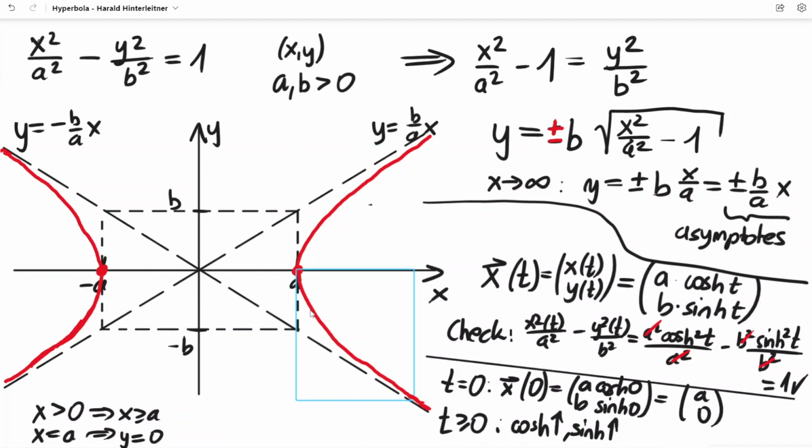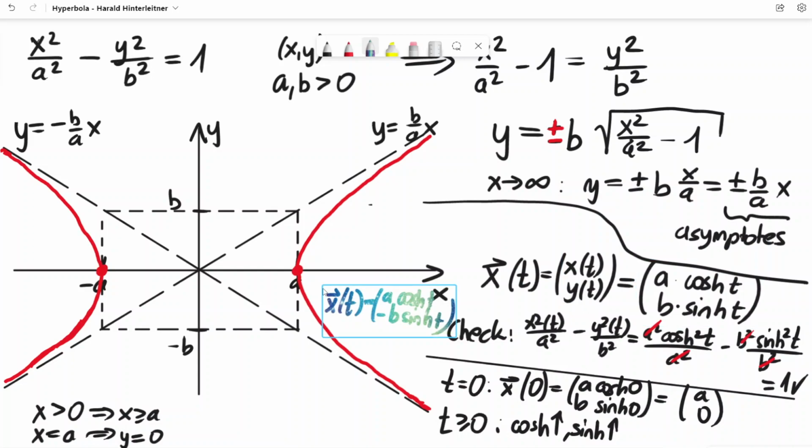So how to describe the other branches? In this case, for example, for the right lower branch, the y values are negative, so you have to put a minus here. So maybe I use this color here. So if you want to describe this one, the a cosine hyperbolicus t is the same, but for the y value, you need to put a minus in front.